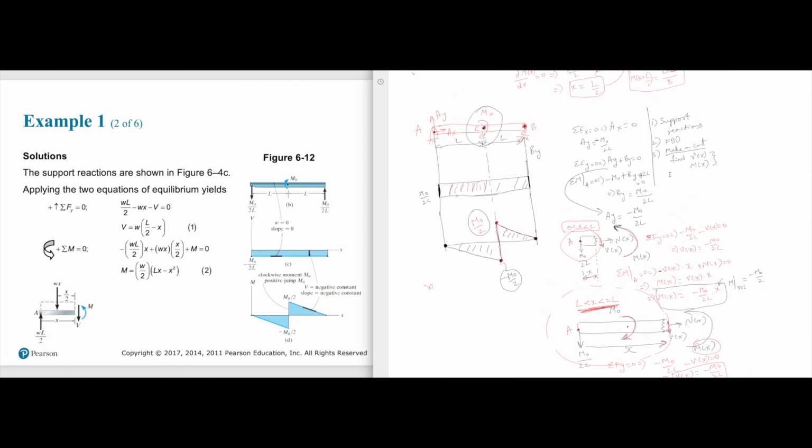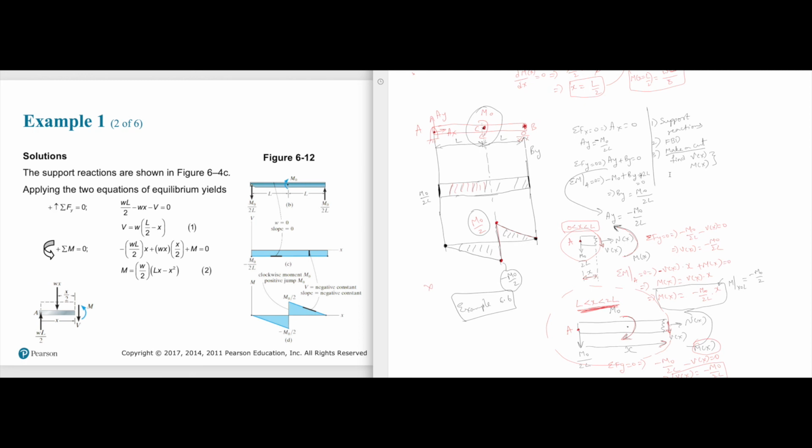This is example 6.6 in the text. So I solved a couple of examples on how to draw shear force and bending moment diagrams. I would suggest you look at all the example problems up to 6.10.